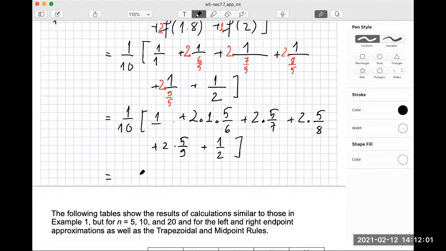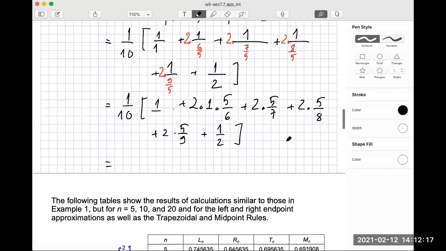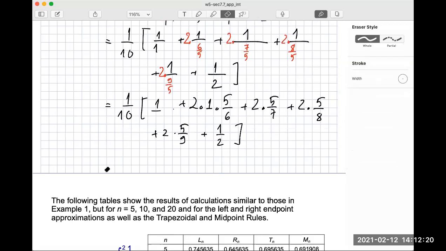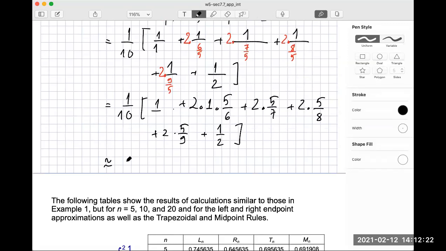To save time now, here I write the final result only, which is approximately 0.695635.